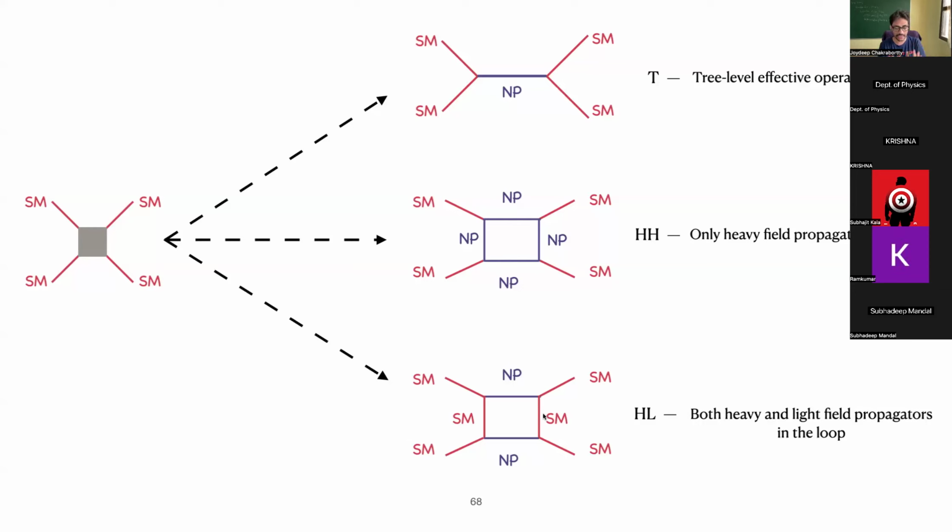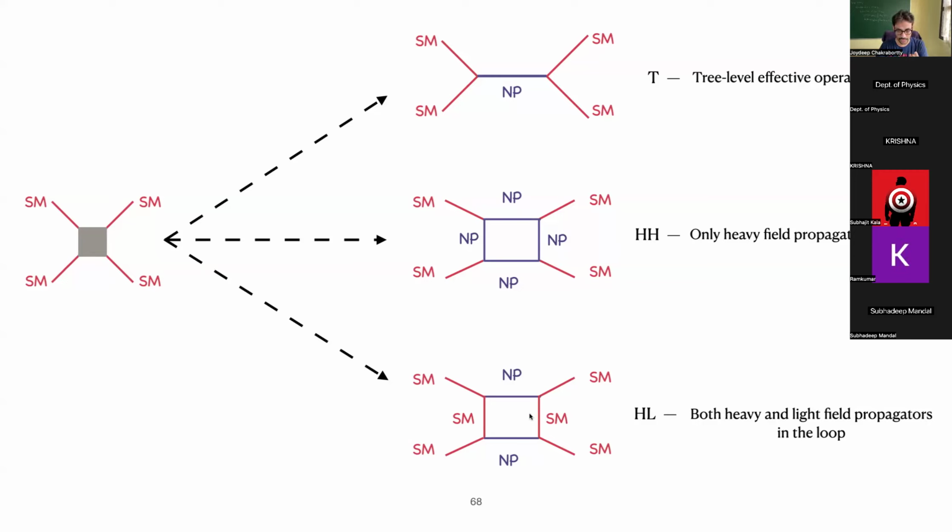But this is a more diagrammatic way of doing it, and certainly we will not use the diagrammatic method, because it is very tedious. We'll use an alternative. But diagrammatic methods are very important to understand what is going on inside. That's why this is called the light-heavy mixing contribution.